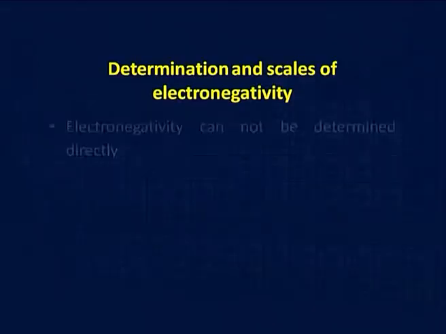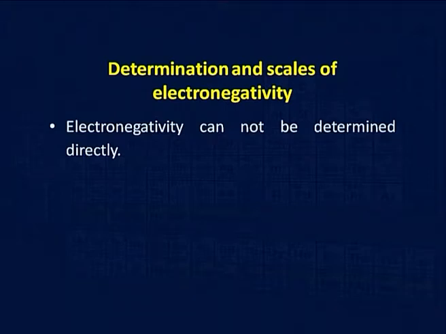Then we have to determine the value of electronegativity, and this electronegativity cannot be determined directly, it is determined indirectly, as I have just explained that it is a relative tendency of an atom in a molecule.